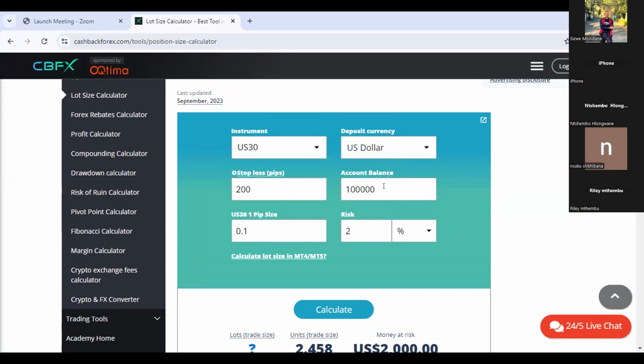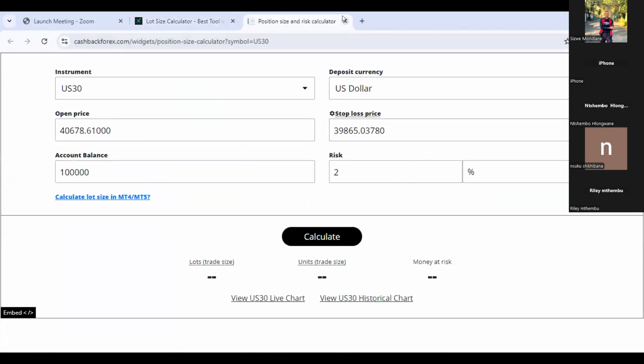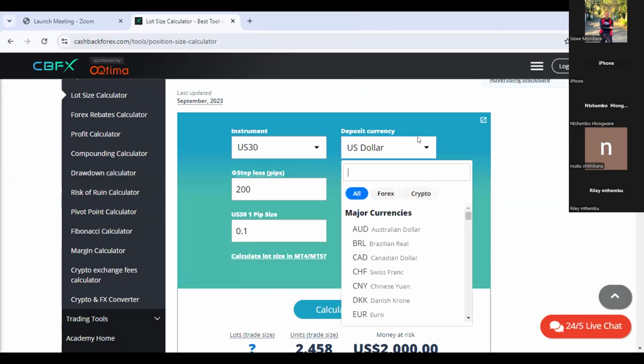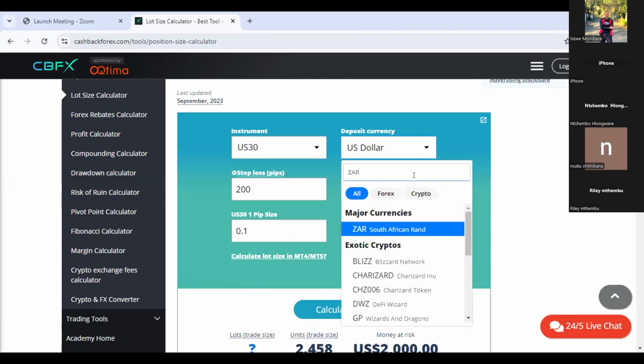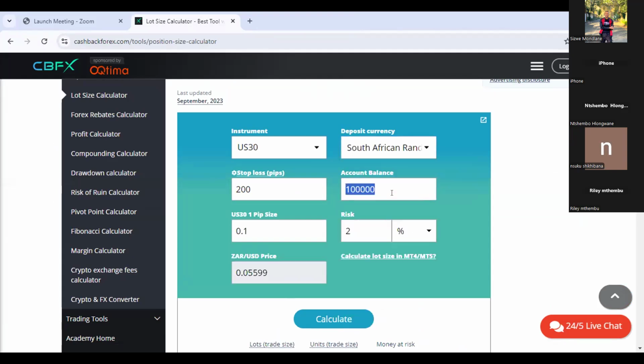So yeah, let's say you have an account balance of, you can also change it to ZAR if you guys are funded in ZAR. And then let's say you have an account balance of 5,000 rands, right?